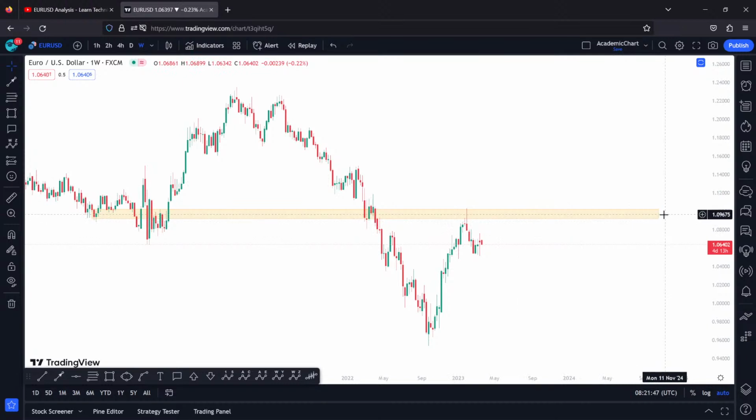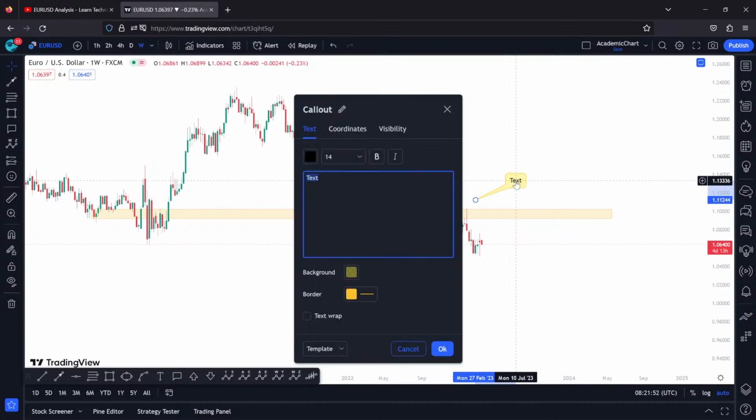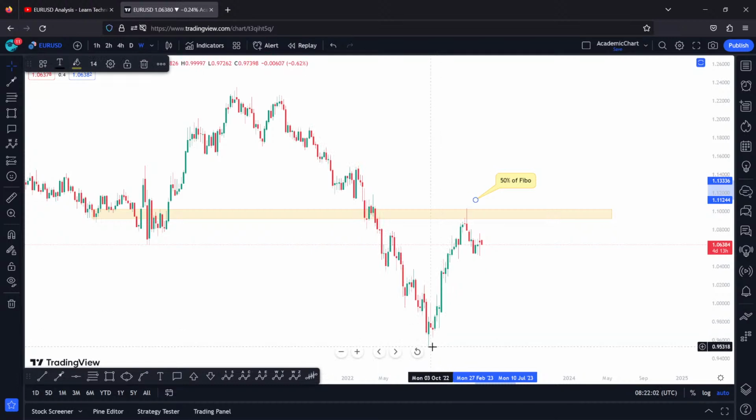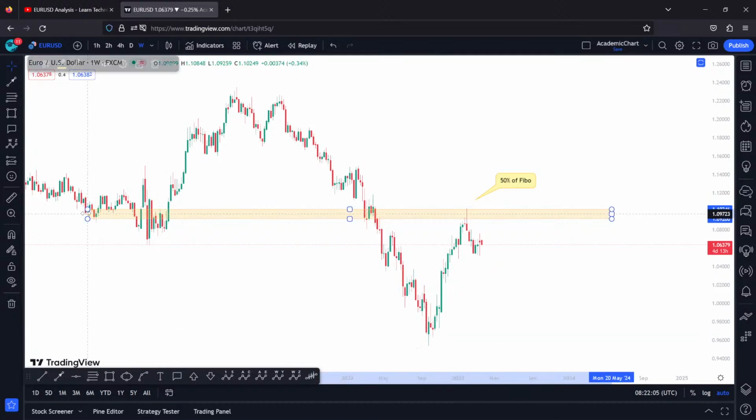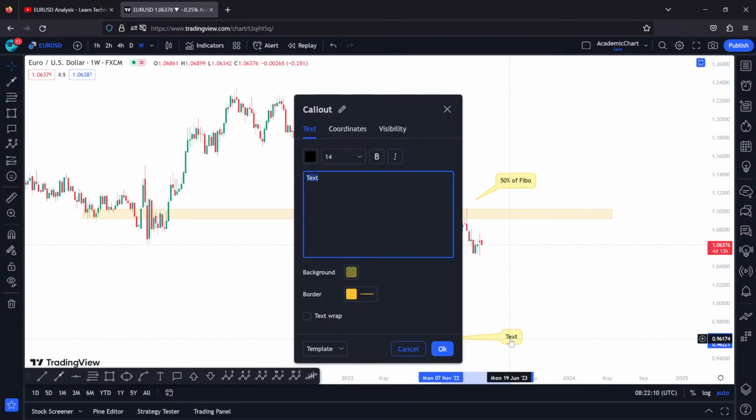Now I can see that price has touched this level. We know that it was the 50 percent of Fibo. I've also removed this other callout at the bottom, but it is not important. Let's bring it back: it is the end of the major or weekly impulsive wave.